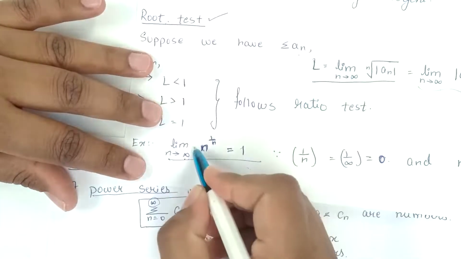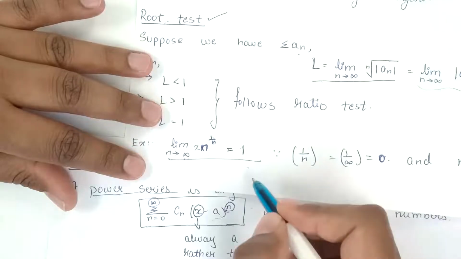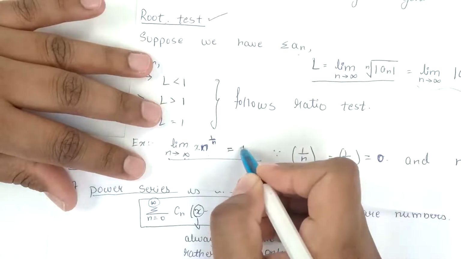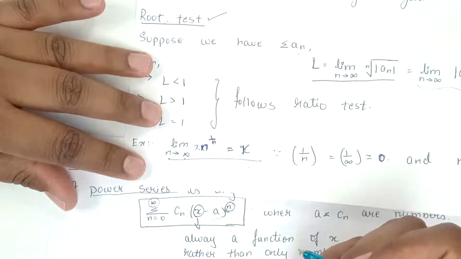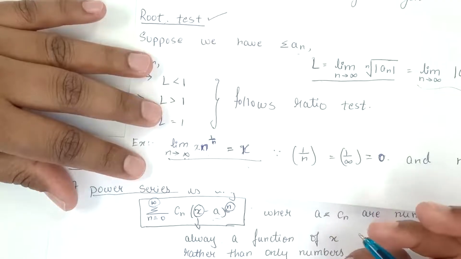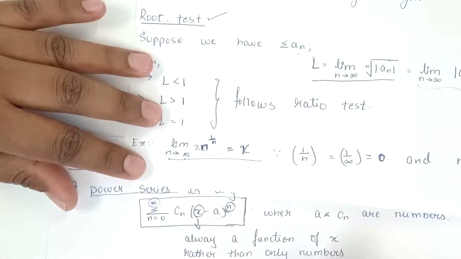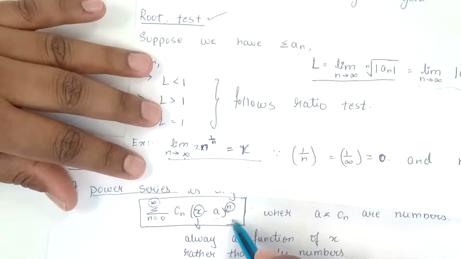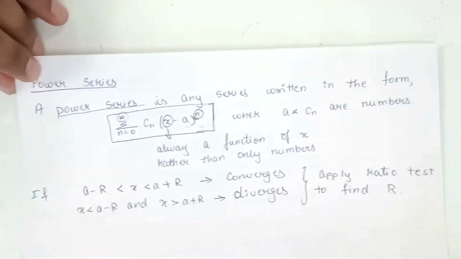Now, what if I have x into n to the power of 1 over n here? Then you will get x here, right? You will not get an exact number. Then it is very hard to find out whether it is less than 1 or greater than 1 or equal to 1. So we will see how to solve this power series as well.